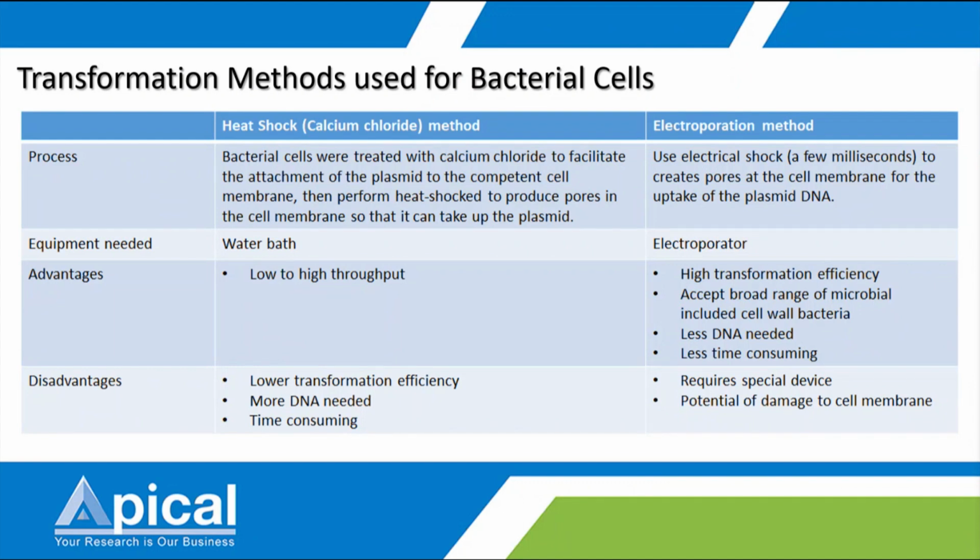This method is suitable for all types of bacterial cell, including gram-positive bacterial cells that have a cell wall, and the transformation efficiency is also higher. So one problem is you need the electroporator.